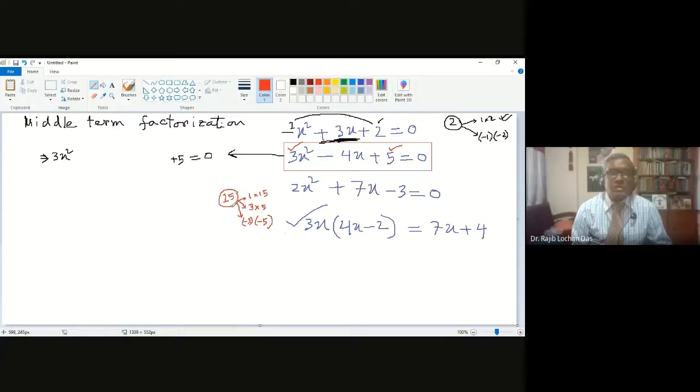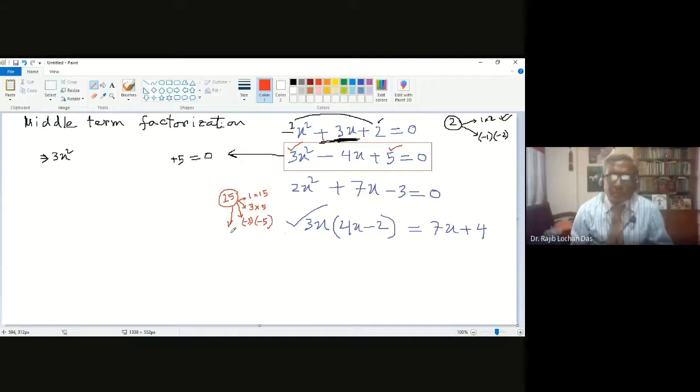So what else? Can you take any other example? For 15, any other ways you can find the factors? Not really. No other ways.